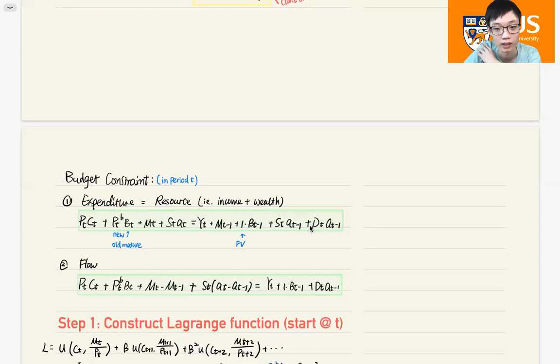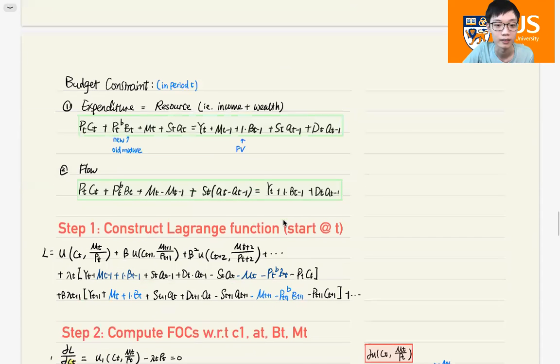You receive the stock price today times the amount of stock you bought last year. Then you have your previous money, what you saved previously, and your old bond matures. That will give you face value $1 times the amount of bond you bought.